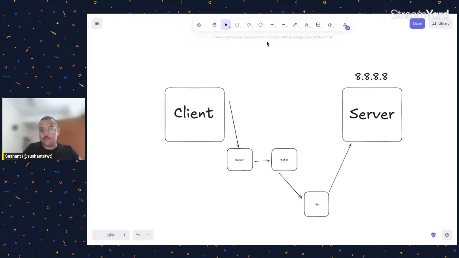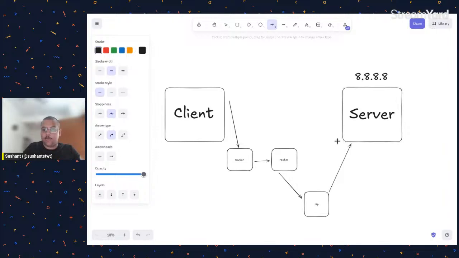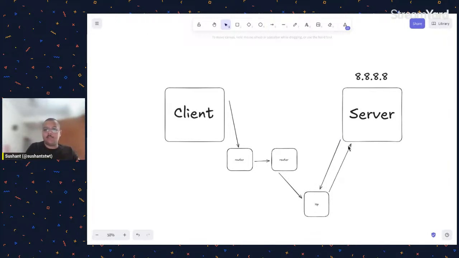Now this thing happens. Your server is like, okay, I got your packet. Since your internet is working, I got it. Now I send you back a response. It's not compulsory for it to come back in the same route your packet came from. It's not like if I go to college using a route, I have to come back using the same route.